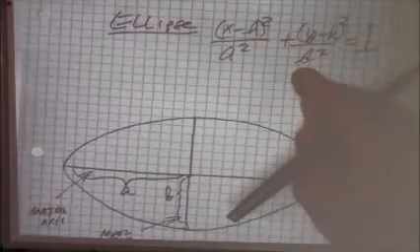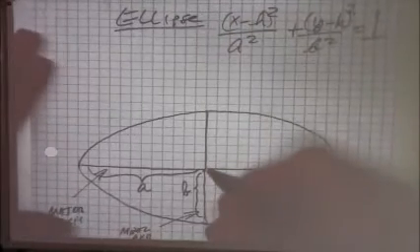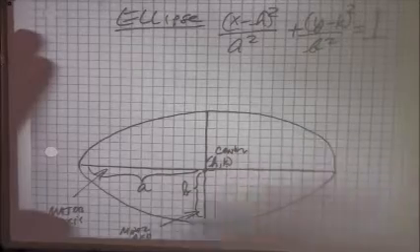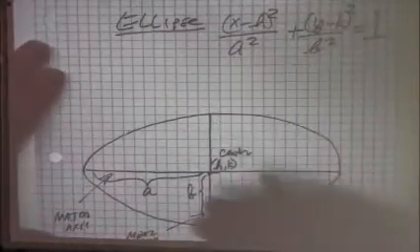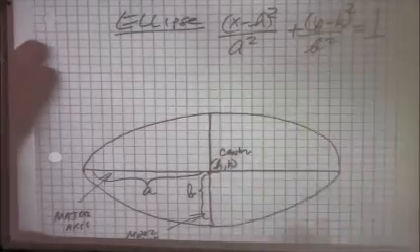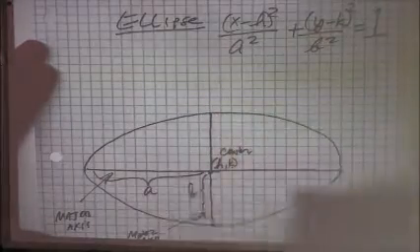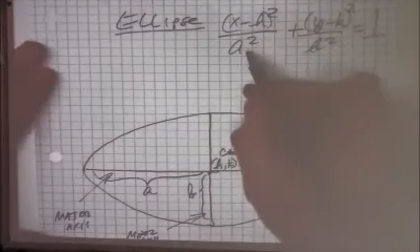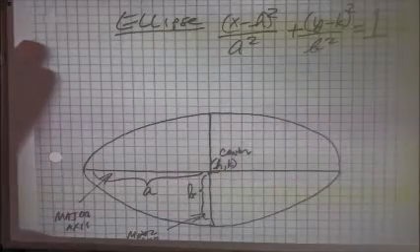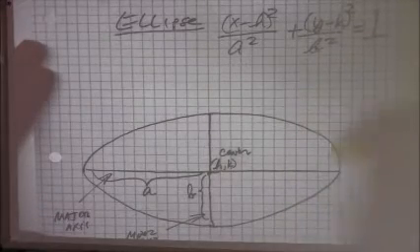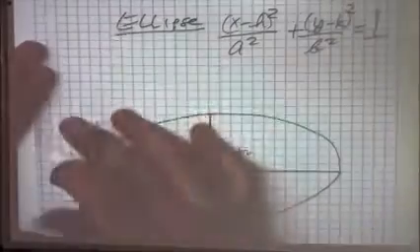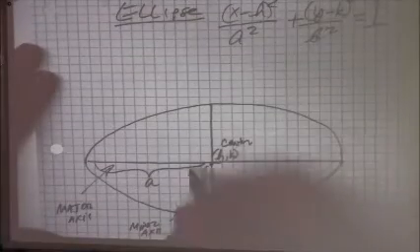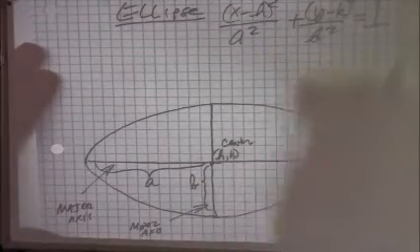Right here, the center, that's h and k. If this is the center and the x and y axes, I would have x minus 0, y minus 0, just x squared and y squared, with 144 and 49, and I'm done. There's the equation. If this was moved around, I simply have a different h and k in there. So if you know the distance here and the distance here, you're good to go for the equation.